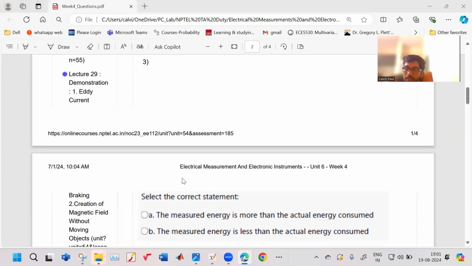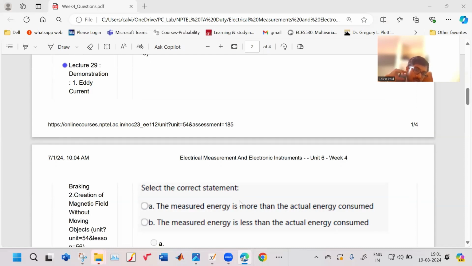That is the instrument. How much energy it measured? Which of the options is correct? Yes, sir. A, the measured energy is more than the actual energy consumed.